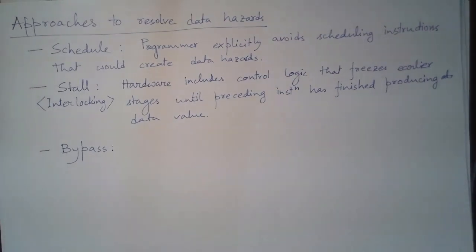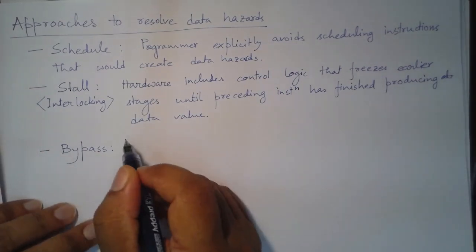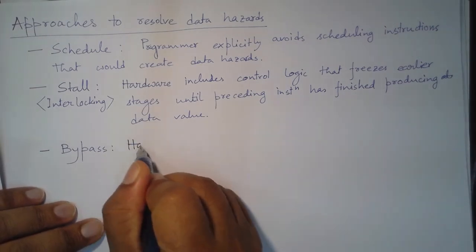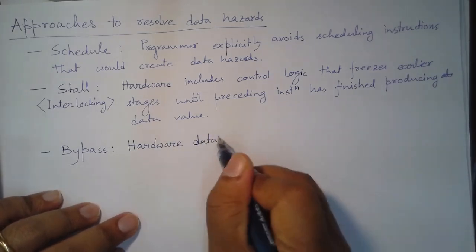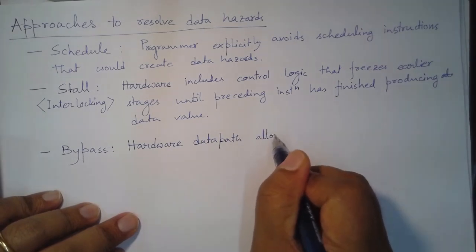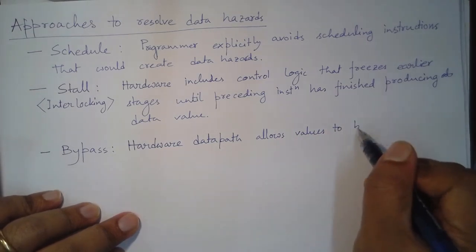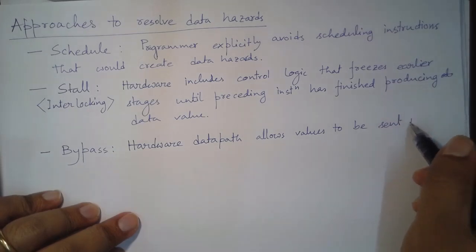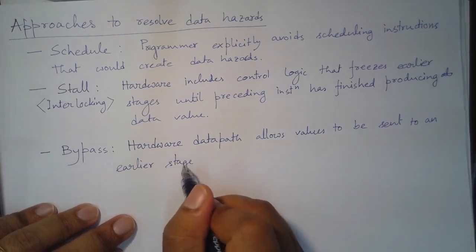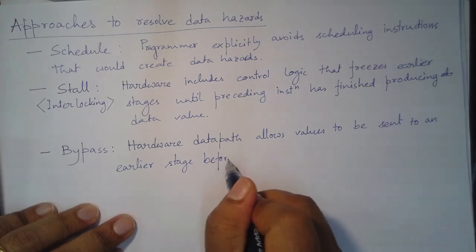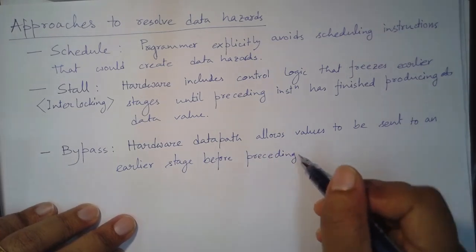All right. So the definition of bypassing is that the hardware data path allows data to be sent to an earlier stage before the preceding instruction has left the pipeline.